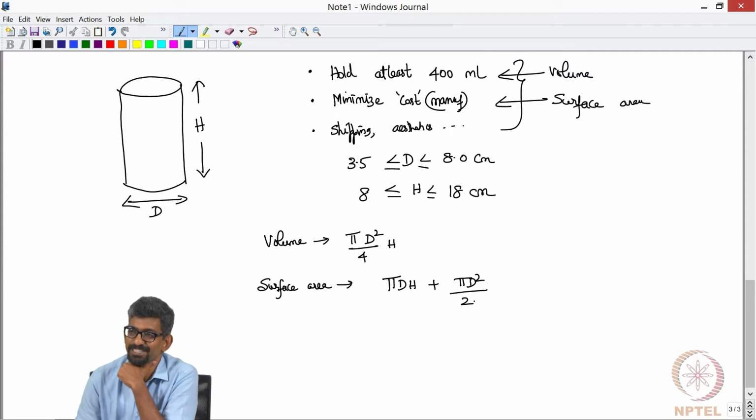The area is pi d squared by 4, but I have a top surface and a bottom surface. Hence, 2 times pi d squared by 4 becomes pi d squared by 2, and this pi d h is d times h, your rectangle, but since it is a cylinder, I take the pi into account. So, it becomes pi d h. It is the surface area of the cylinder that we are talking about.